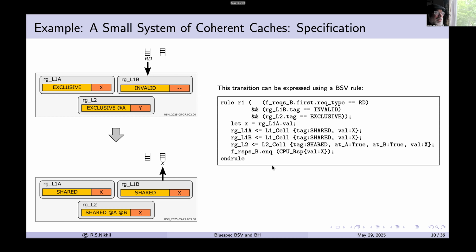Now this can be expressed directly in BSV code, as shown in this rule out here. This is actual BSV code that I'm showing you on the right here. So you can think of this part of the rule as the rule condition.